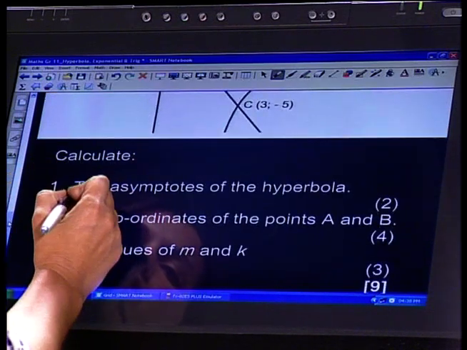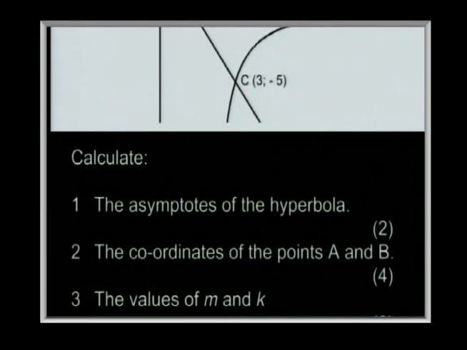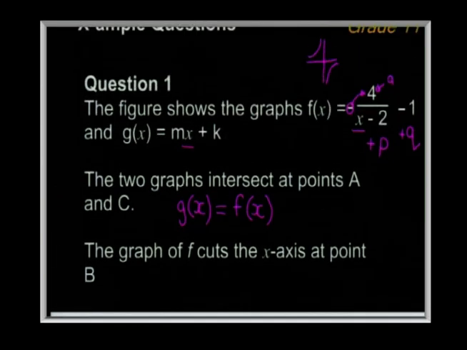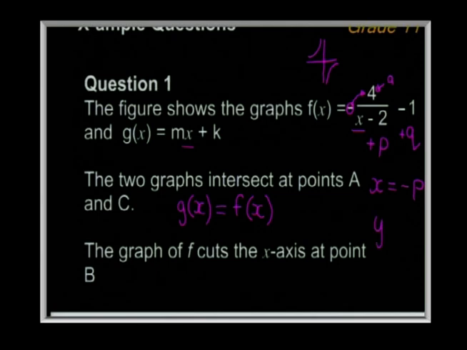The first part of the question says calculate the asymptotes of the hyperbola. Let's take a look at our function again. It said f of x is equal to minus 4 over x minus 2, minus 1. Remember, minus 2 indicates our positive p value, and minus 1 indicates our positive q value. Our formulas for our asymptotes are x is equal to negative p, and y is equal to positive q.